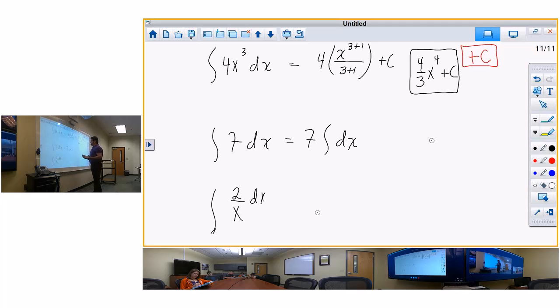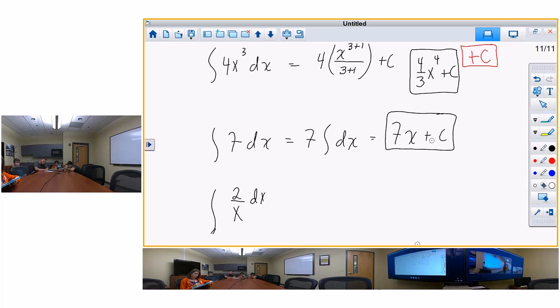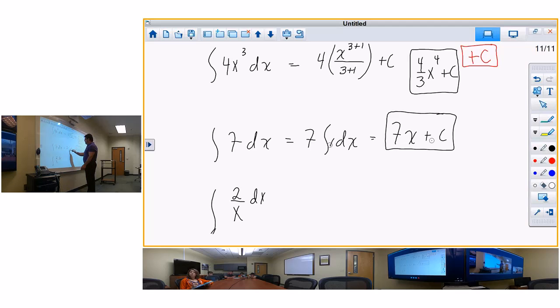And what's the antiderivative of dx? X, Hubert. That's right, class. Or you could just write this as x to the 0. And what is 0 plus 1? 1 over 1, which is 7x.